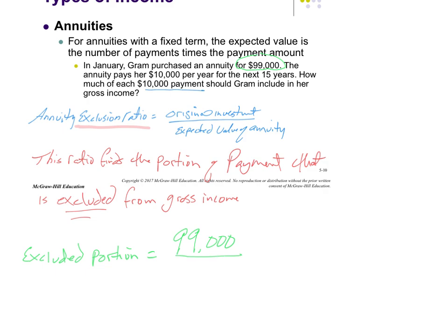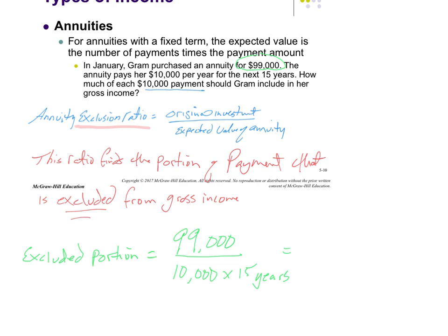Now, what is the expected value of the annuity? The expected value is how much it pays over the course of its life. In this situation, it's going to pay $10,000 a year for 15 years. So that's its expected value.